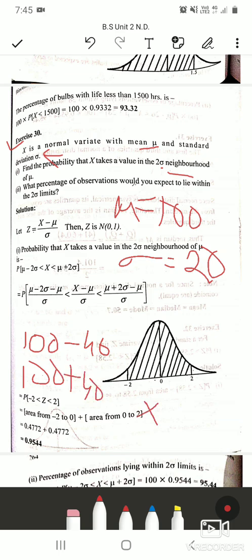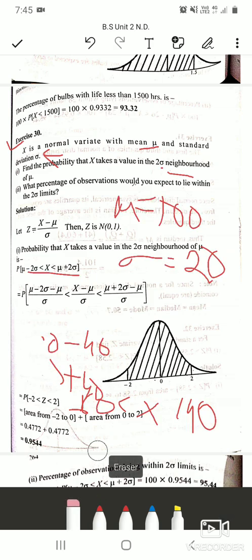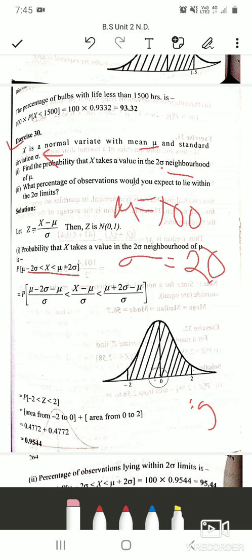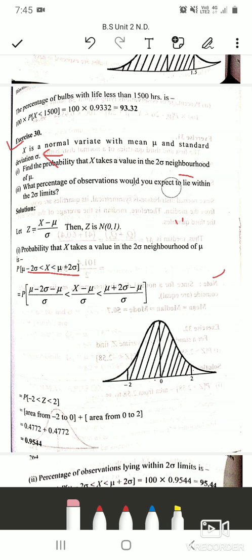So x lies between 60 and 140, that is, x lies between mu minus 2 sigma and mu plus 2 sigma. Instead of giving the values, they have directly said x lies in the 2 sigma neighborhood of mu. So we'll see the solution.